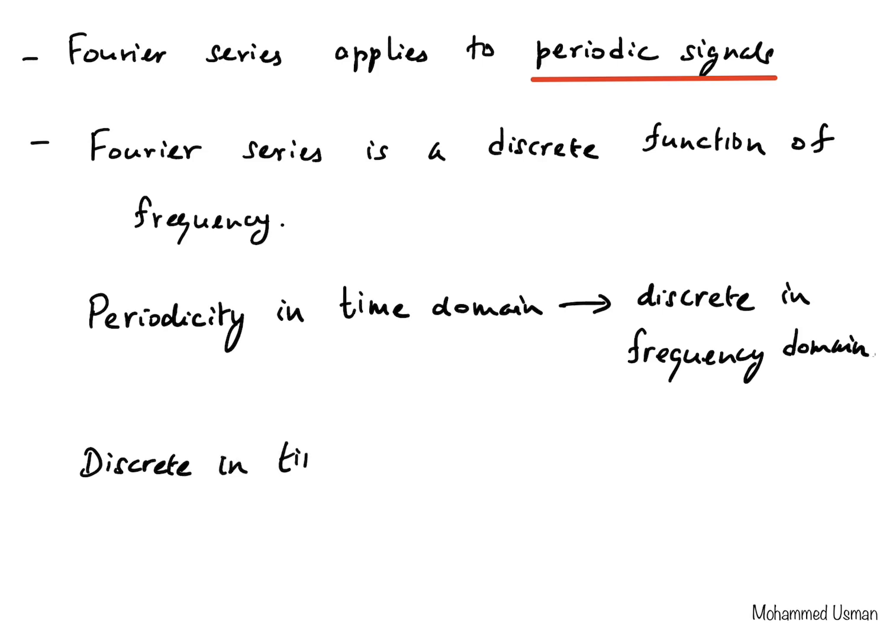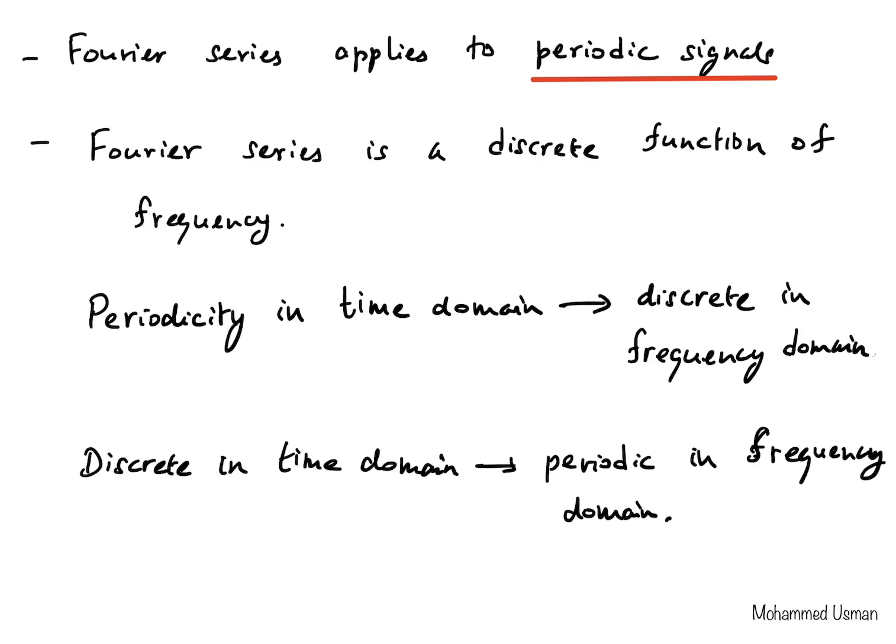So discrete in the time domain means periodic in the frequency domain. Okay, these are just observations for the time being, but these are important pieces of information that will be very useful in understanding the relationship between time and frequency domains.